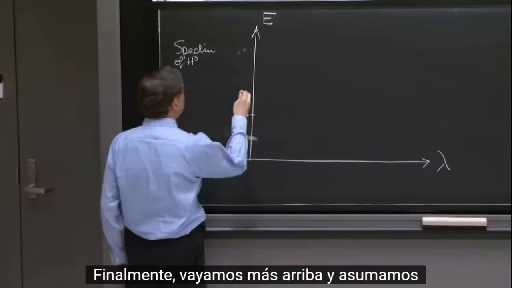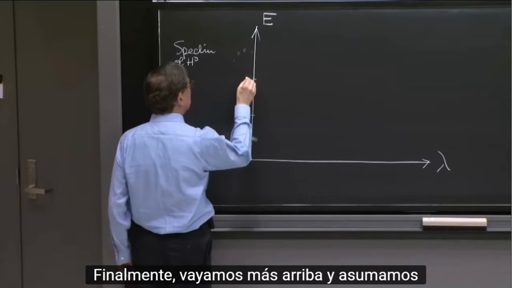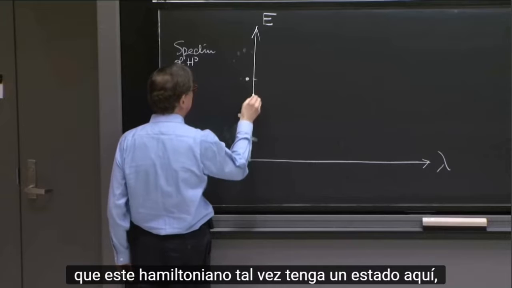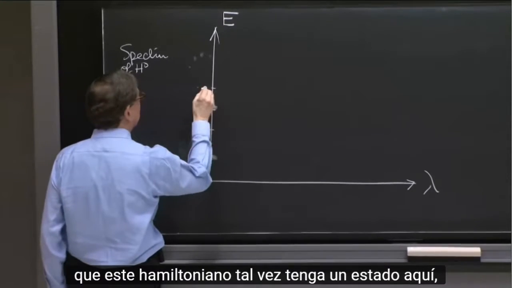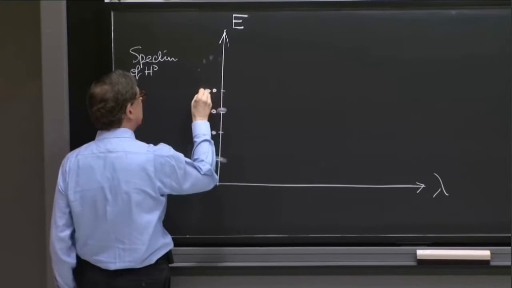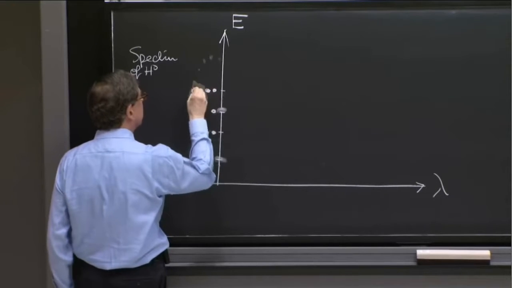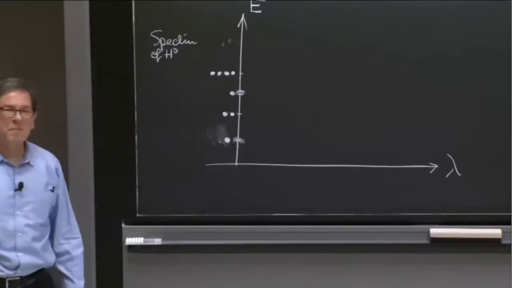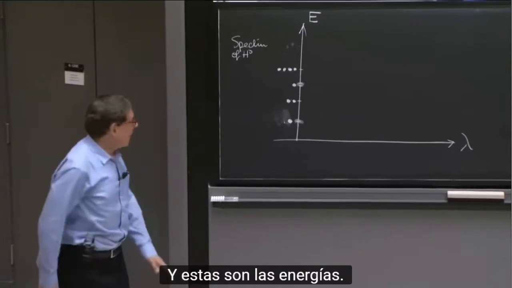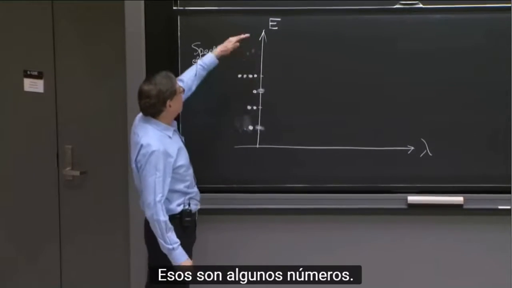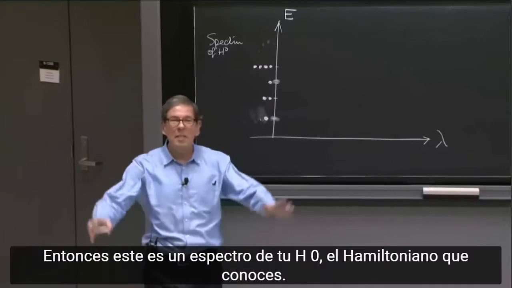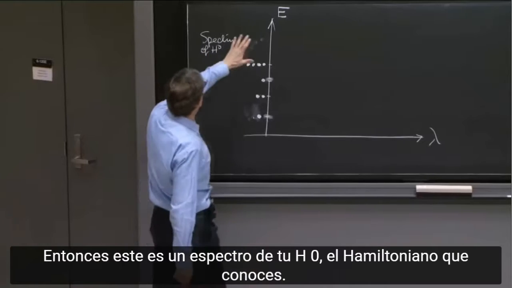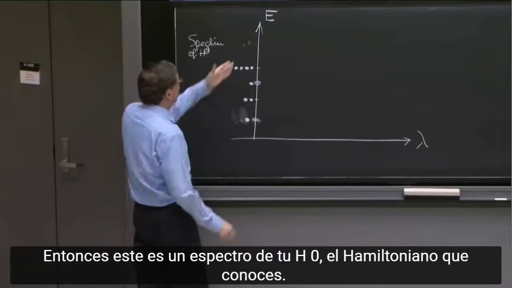Finally, let's go higher up and assume that this Hamiltonian maybe has one state here, but here it has four states. And these are the energies. Those are some numbers, and the spectrum must continue to exist. So this is the spectrum of your H0, the Hamiltonian you know.